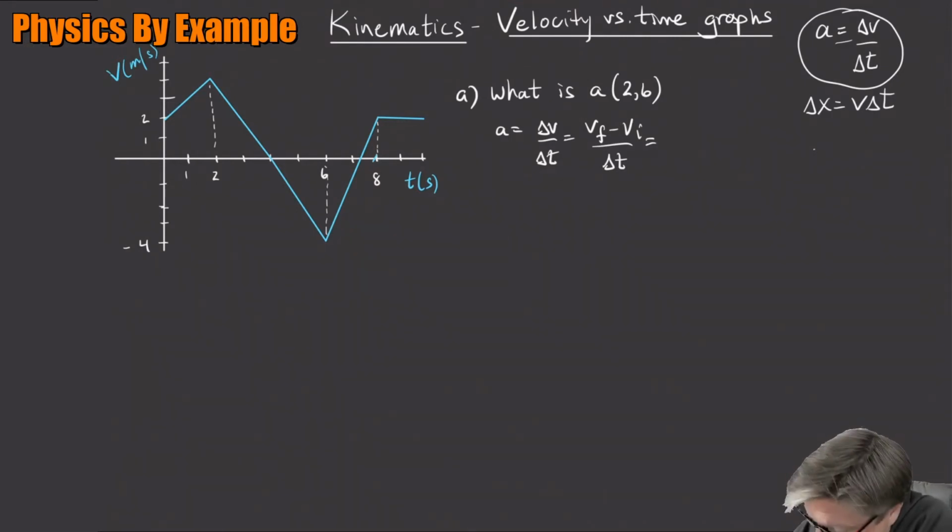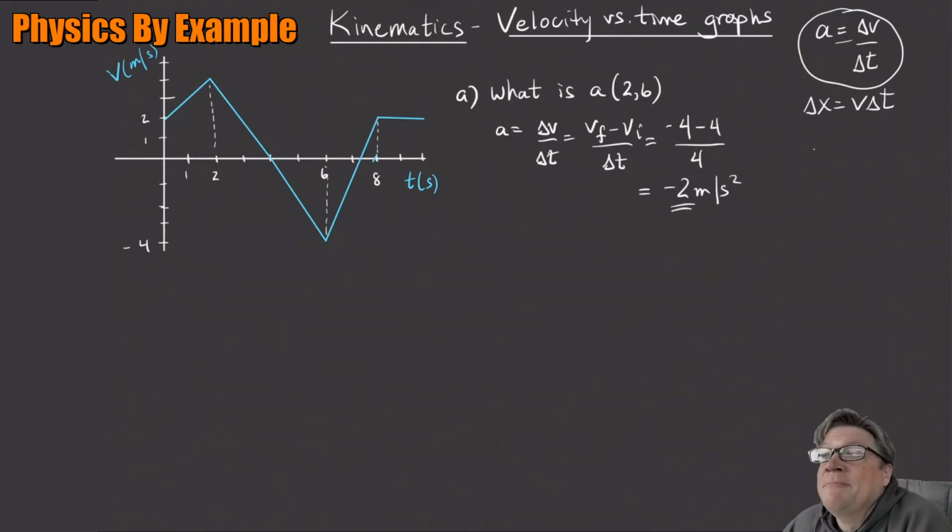It's minus 4, so we have to be careful. Minus 4 minus what it was at the beginning, which looks like 4. And the total change in time from 2 to 6 seconds is 6 minus 2, which is 4. So minus 8 divided by 4 is minus 2 meters per second squared.